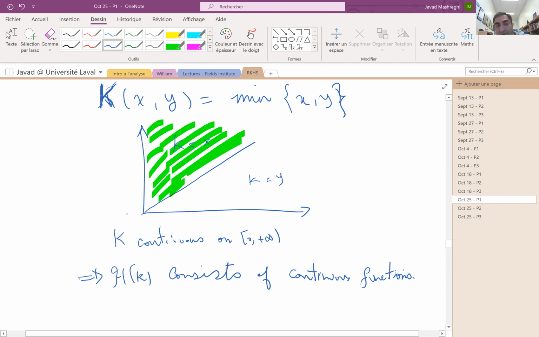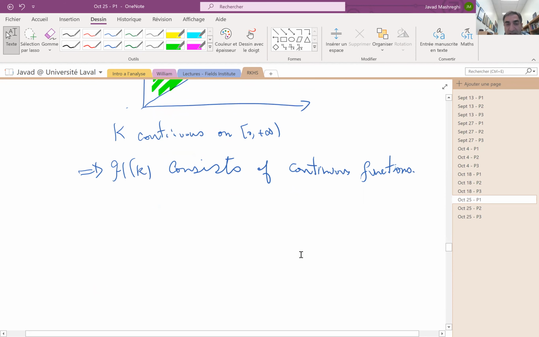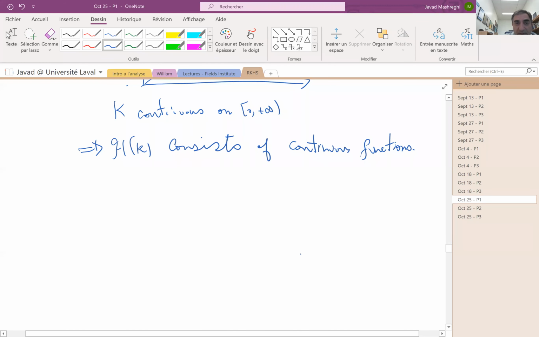That's the power of that theorem. But before arriving at this, we need to show that k is a kernel. It's not as straightforward as the examples before. We need to do a little bit of work.